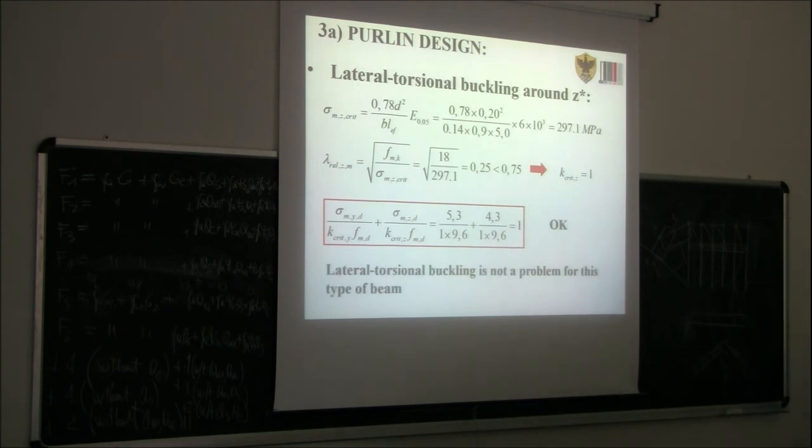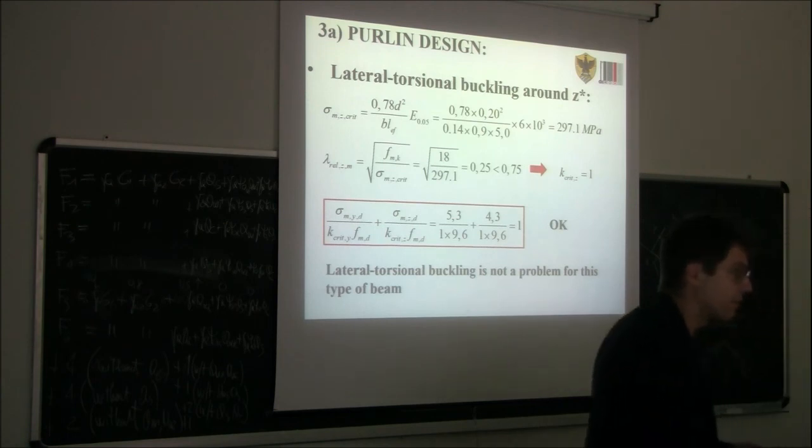Last thing, just to conclude: suppose that lateral torsional buckling was a problem here, and we didn't want to change the size of the purlin. What could we have done to make sure that this layer of boards could provide some restraint?